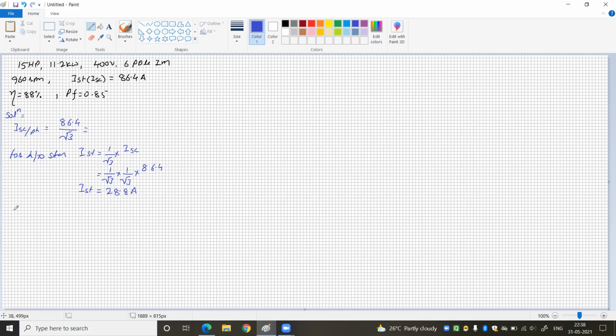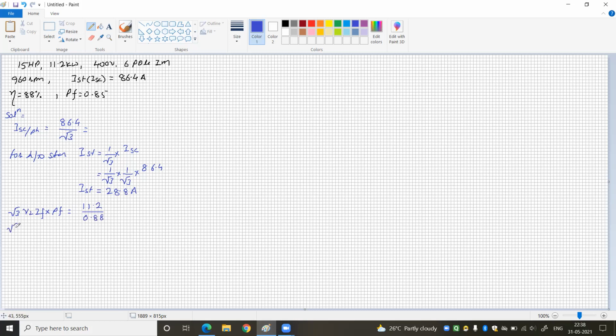Now the motor has efficiency of 88%. Power factor we know, so it is possible to calculate line current. So √3 VL I full load into power factor is equal to output of motor 11.2 divided by efficiency 0.88.